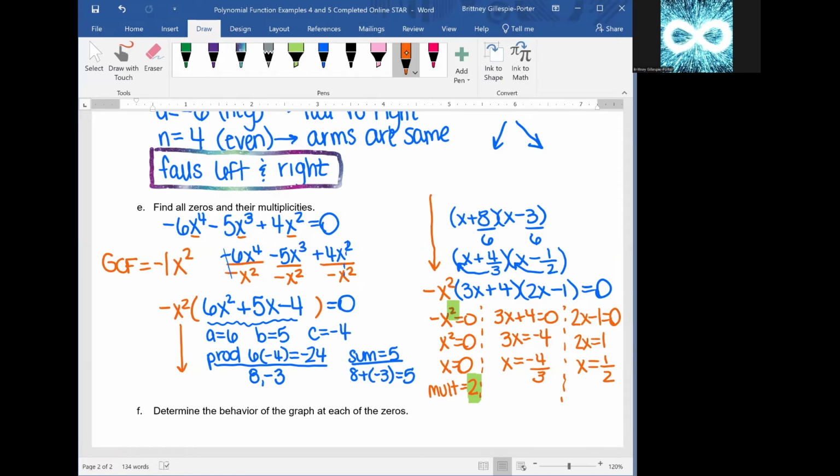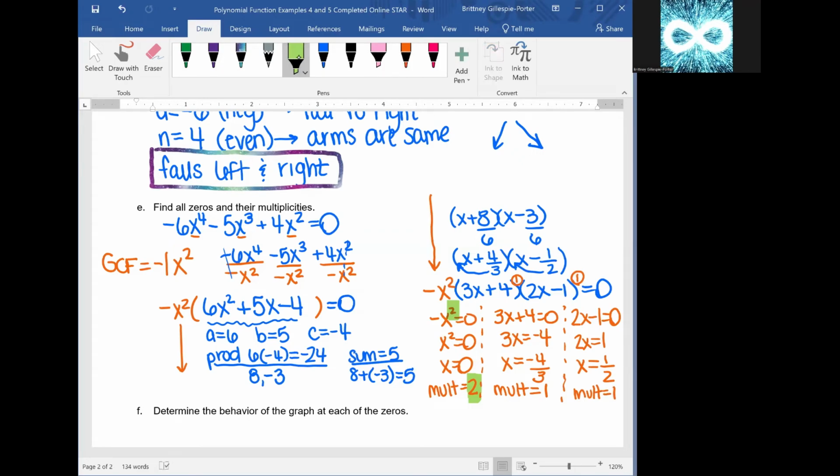In our 3x plus 4, that was to the first power, which means our multiplicity for negative 4/3 is going to be 1. And the same thing is going to happen for our x equal to 1/2.